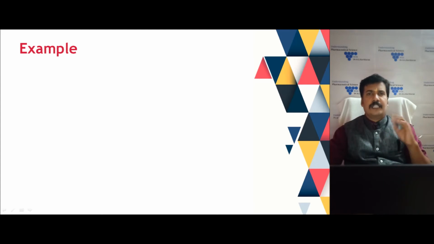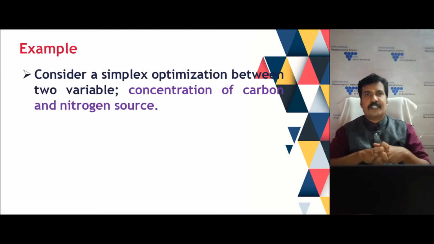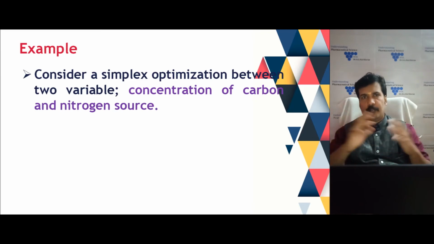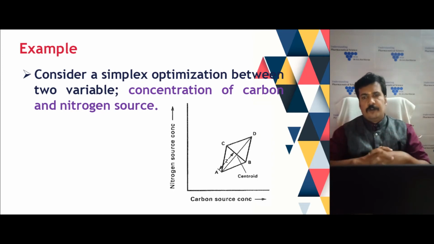So consider an example. We want to perform the simplex optimization technique with 2 variables for a particular antibiotic production. Consider a carbon source and a nitrogen source. In the graph, I have taken the carbon source on the x-axis and the nitrogen source on the y-axis.